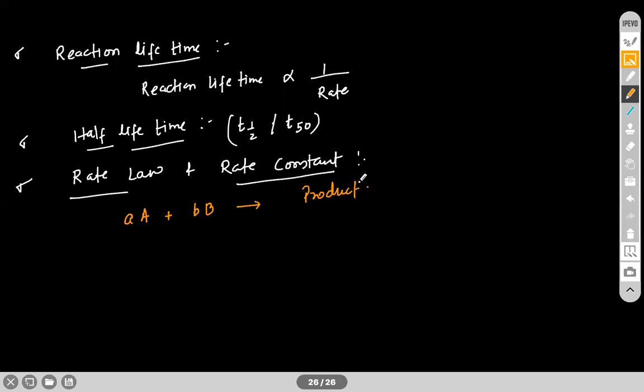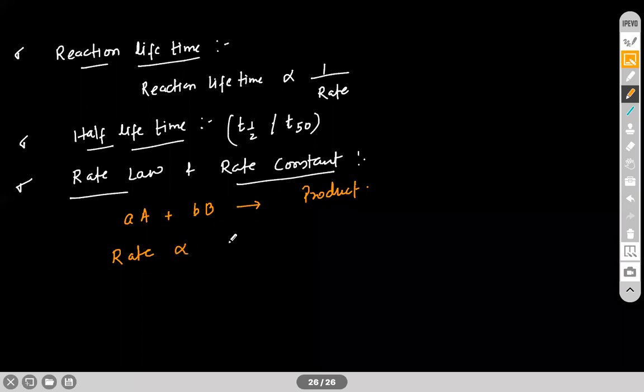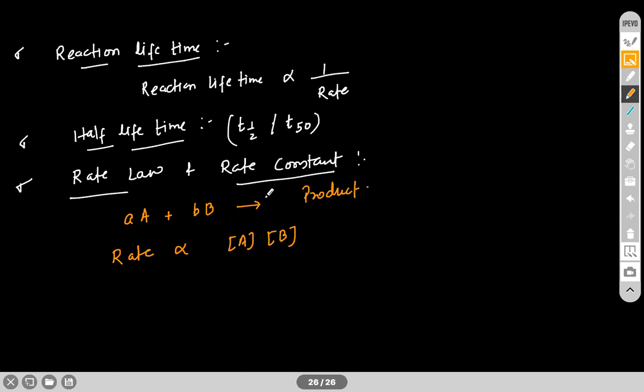According to rate law, the rate of this reaction we can write as: rate is directly proportional to the concentration of A to the power x into the concentration of B to the power y. This number, x or y, is experimentally determined.